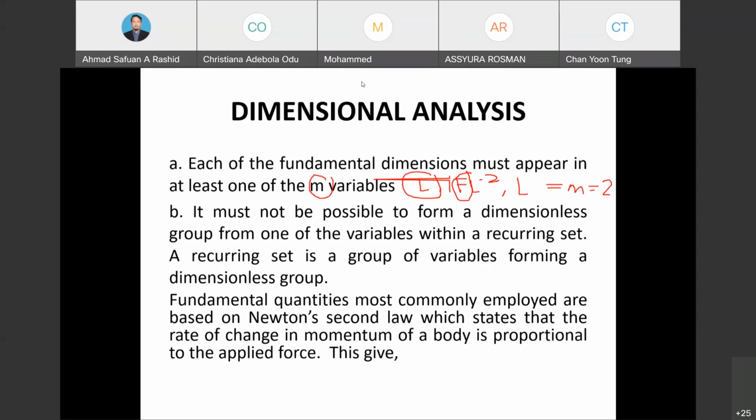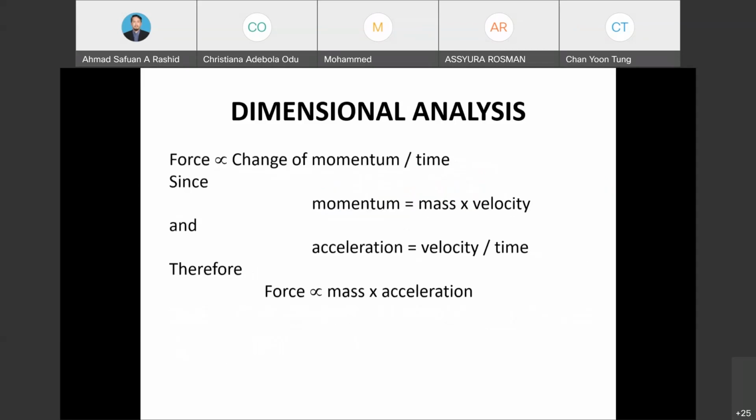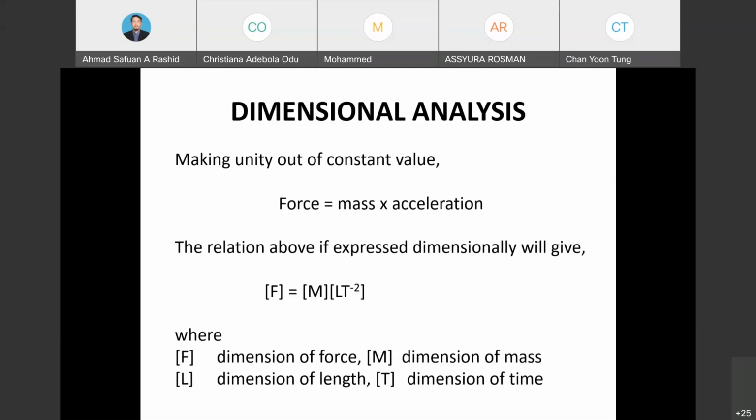So this gives the formula for the force F equal to mass times velocity, or we write F equals m times a. So from this F equals m a, when we derive it, we may obtain this equation.